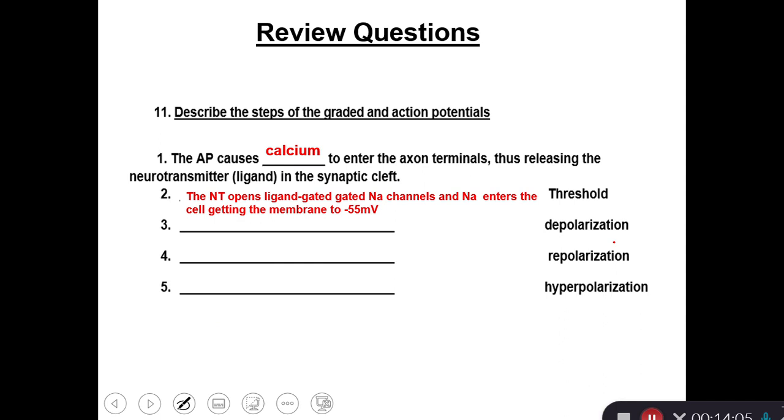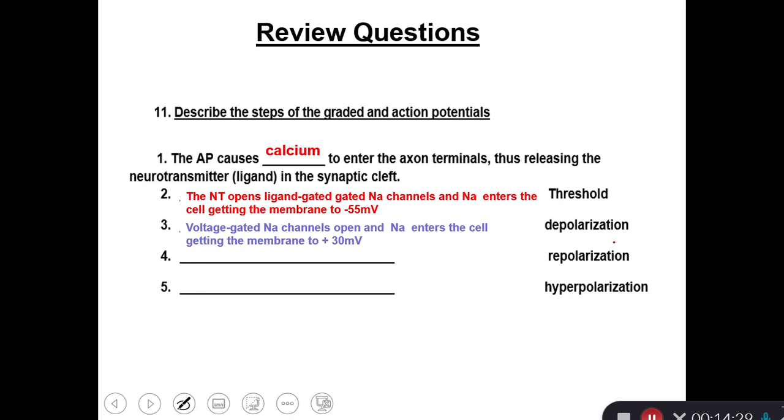At minus 55 millivolt, which is the threshold, what happens? What kind of channels become active? It's sodium voltage-gated channels that become active. Then sodium enters until the membrane goes up to the peak, which is plus 30 millivolt.